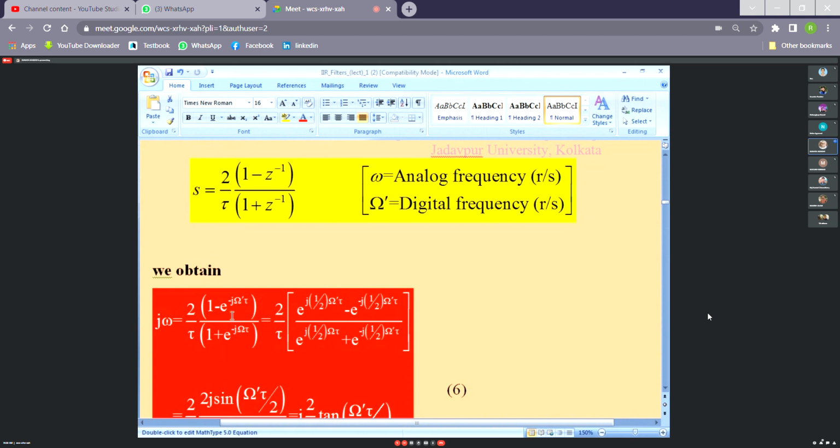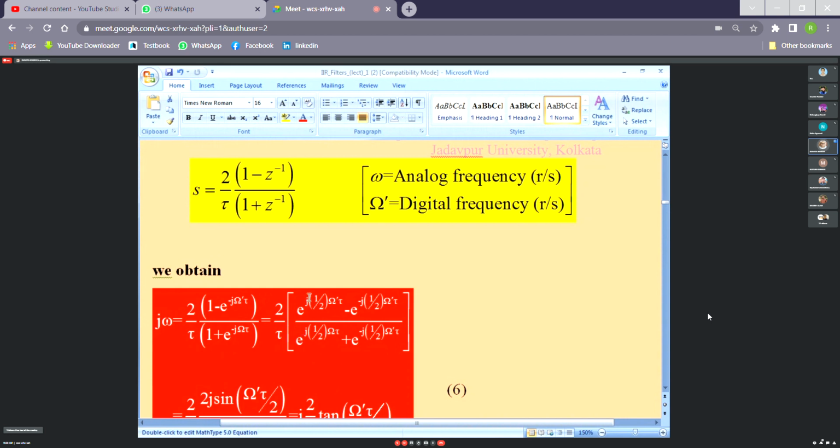Therefore, in the numerator and denominator, if you multiply the numerator by e to the power j into half into omega prime into tau, and the denominator by the same expression, then you get this expression. Here also omega prime. All right.